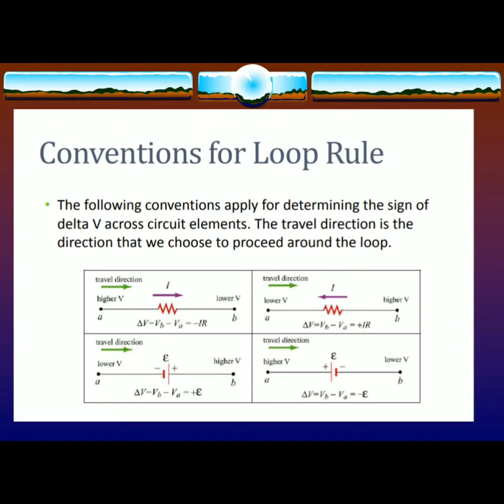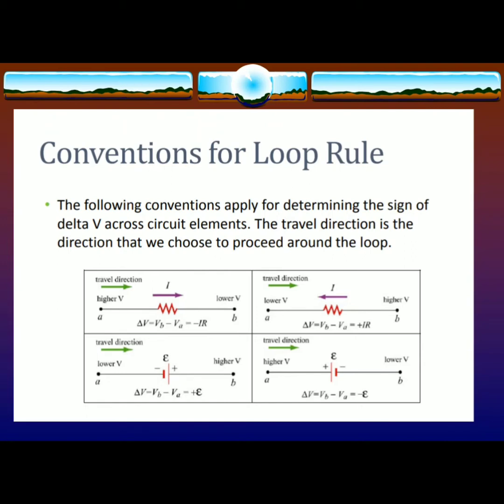Another travel direction, here the case from lower V to higher V: delta V equals VB minus VA equals plus I times R. In the other case, travel direction from lower V to higher V across the power source: delta V equals VB minus VA equals plus E, where E is the power source.